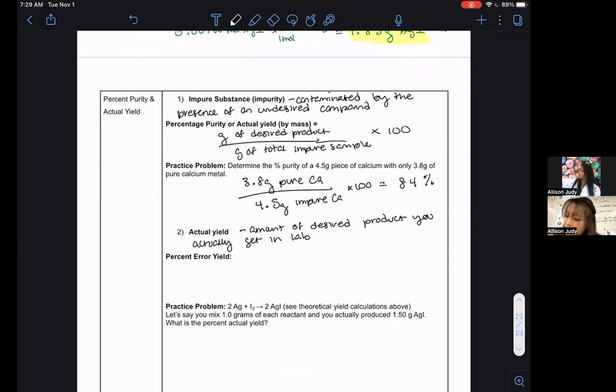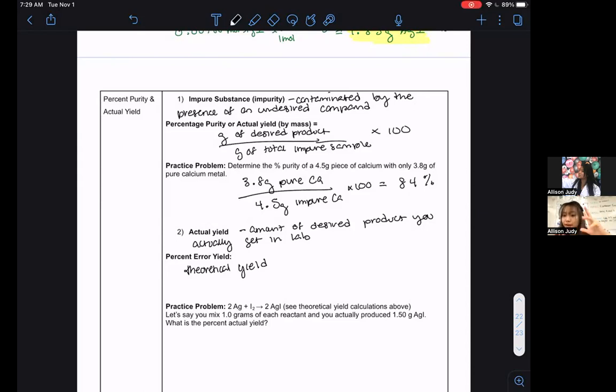So percent error is a very similar calculation. We tend to do it by mass, but you could do it by a lot of different units as long as you keep it in the same unit. Percent error by mass tells us the theoretical yield, which is always greater than your actual yield. And if your actual yield is ever greater than your theoretical yield, you know that you have an impure sample.